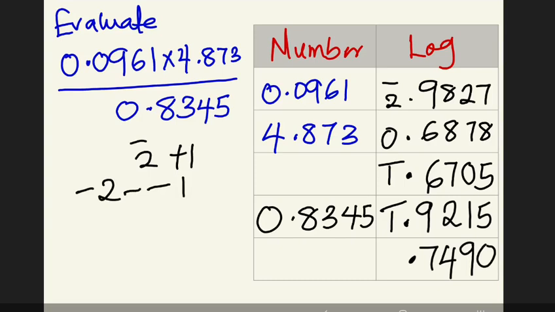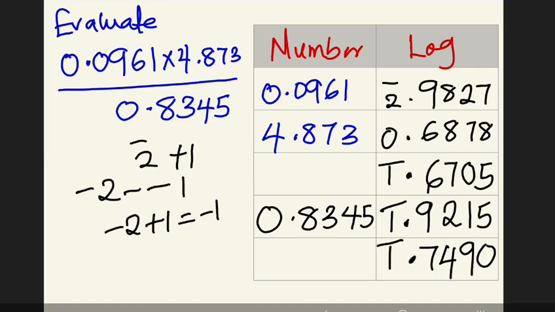Minus 2 plus 1 is minus 1, so it will now give you bar 1.